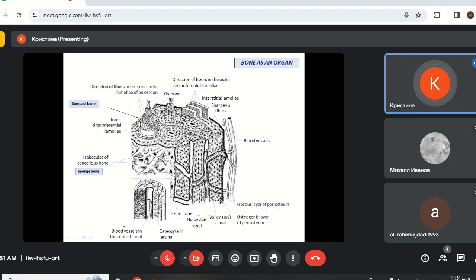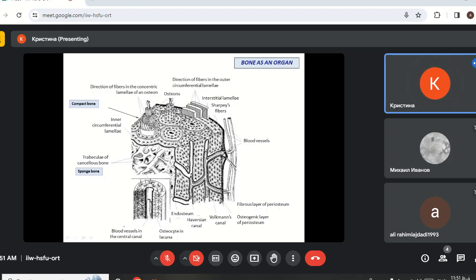Also, from outside, from the periosteum, blood vessels come into the bone. Large blood vessels come inside the bone through the Volkmann's canals. Volkmann is the name of the scientist. Canal means channel.